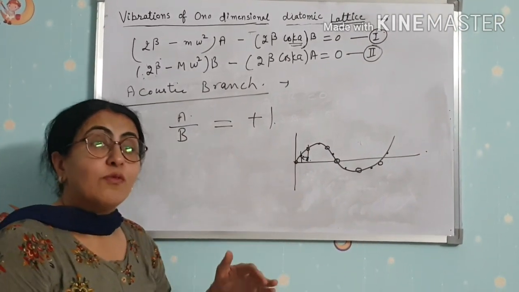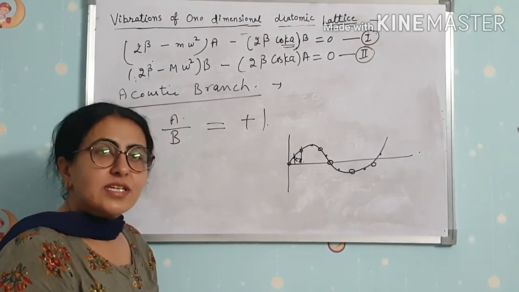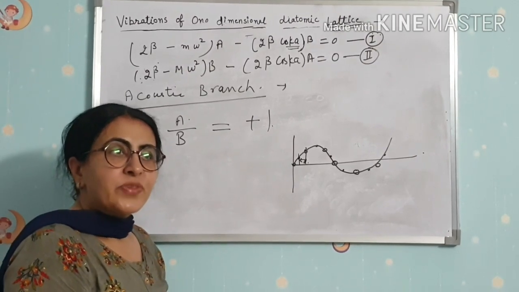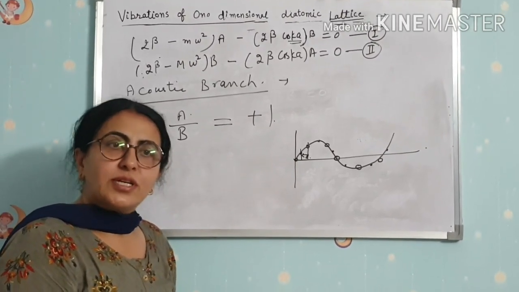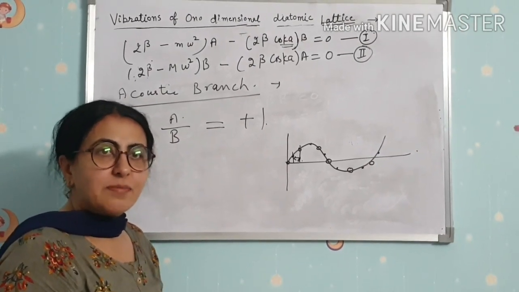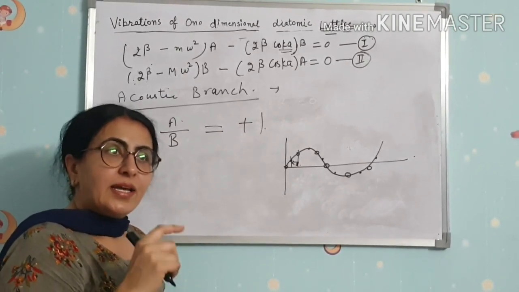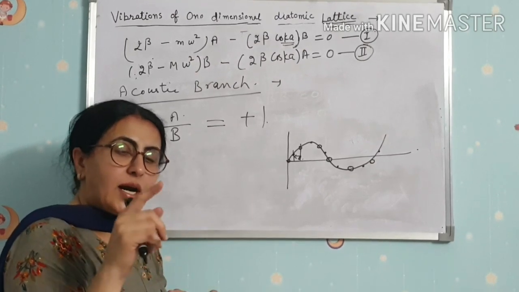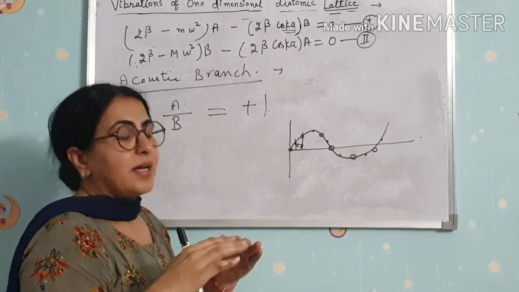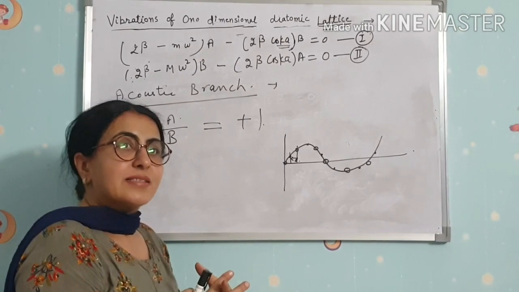At the last, we can say that there are two branches, one acoustic and one optical. The acoustic branch is stimulated by sound waves and the optical branch by optical waves. Second, there is a forbidden frequency band between the frequencies root of beta over 2 capital M to root of 2 beta over small m, and that forbidden band disappears when the masses are equal.